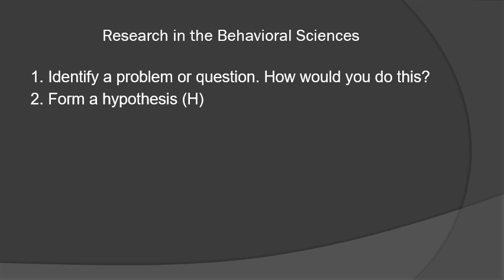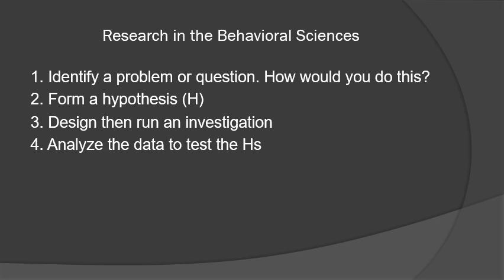Let's say we hypothesize people are, in general, going to act a certain way. From there, we design and run an experiment, an investigation. That's the longer drawn out part, but that gets us to the main thing we're doing in this class, which is where you analyze the data to test these hypotheses.